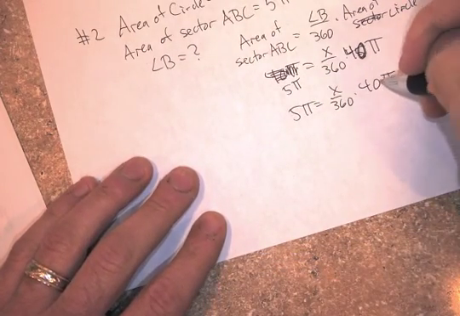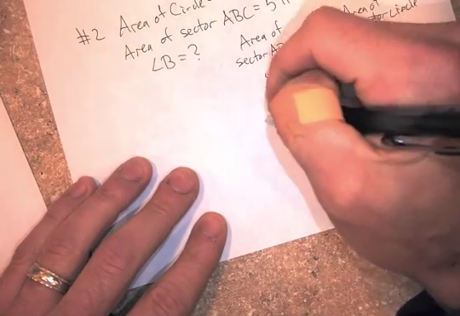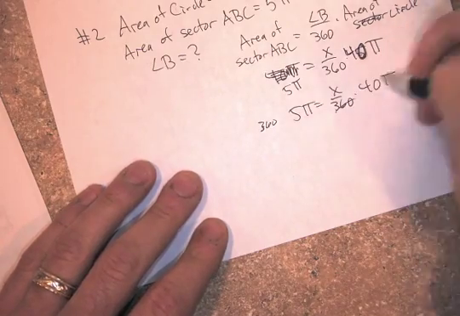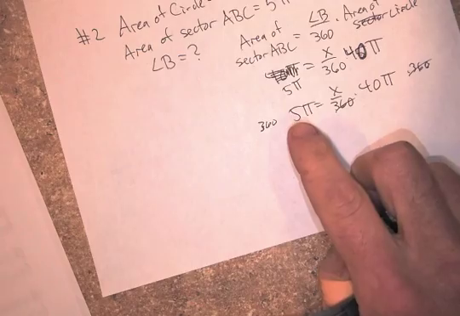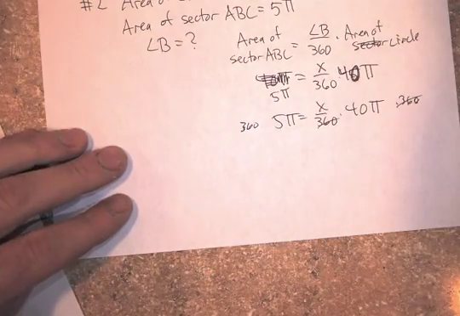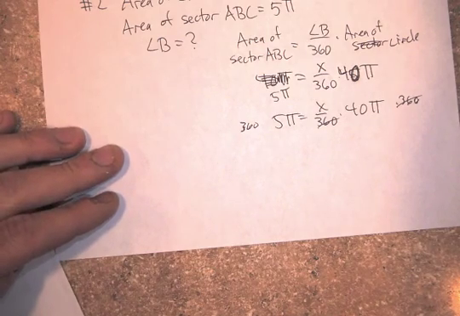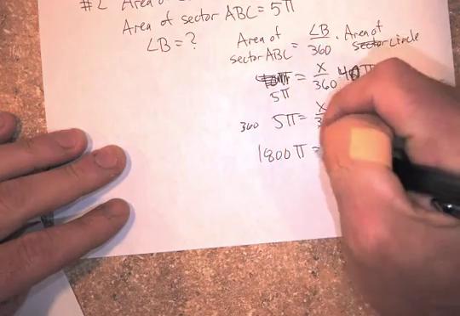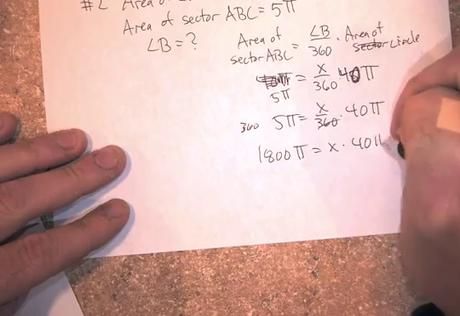Again, you have some choices here. I think I would times by that 360 first. I feel like that's the easiest step to do first. Times each side by 360 to cancel that out. So you need to do 360 times 5. I'm going to keep it in terms of pi for now. Keep it easier. 360 times 5 is 1800 pi equals X times 40 pi.